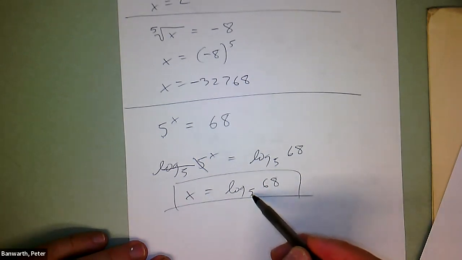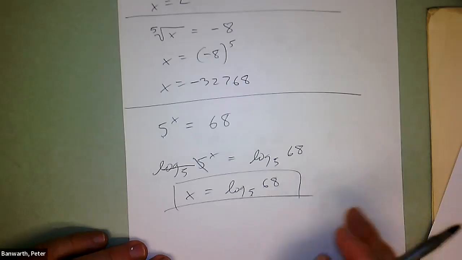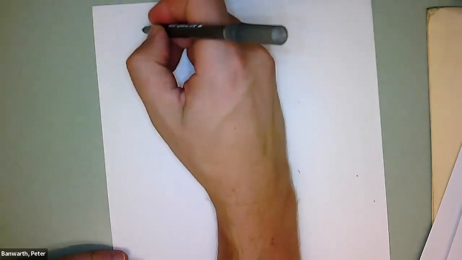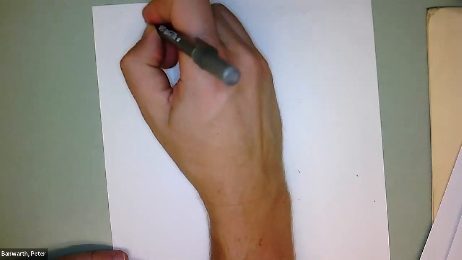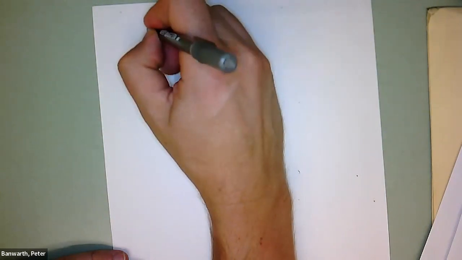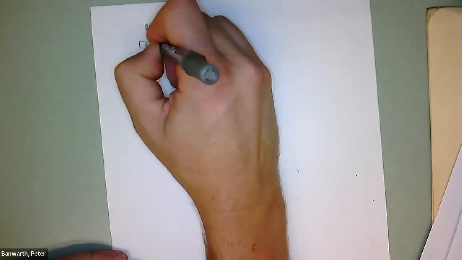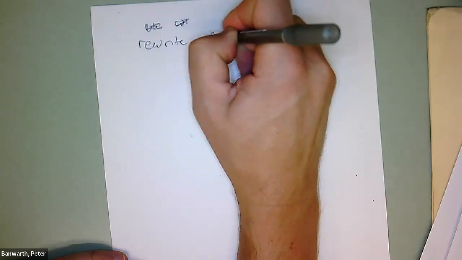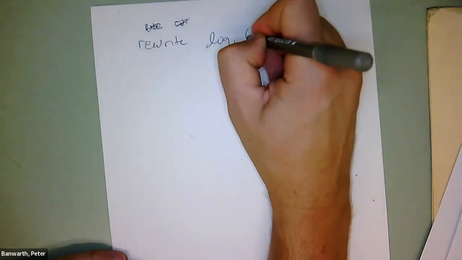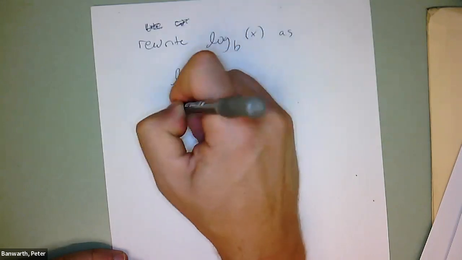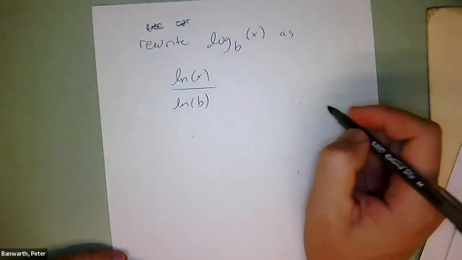Well, that's hard to say because my calculator doesn't do logs of any base other than 10 and the natural log. And so for this, we'll use another log rule. Rewrite log base b of x as a natural log of x over the natural log of b.